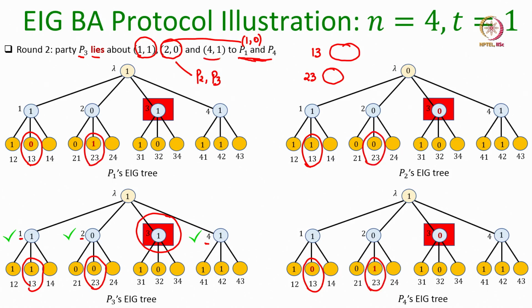And based on the last message, everyone is supposed to populate the node with label 4 3, but again since P3 is telling different versions of the node with label 4, parties 1 and 4 will have different values for this node compared to parties 2 and 3. So, 1 and 4 will assign the value 0, whereas 2 and 3 will assign the value 1.